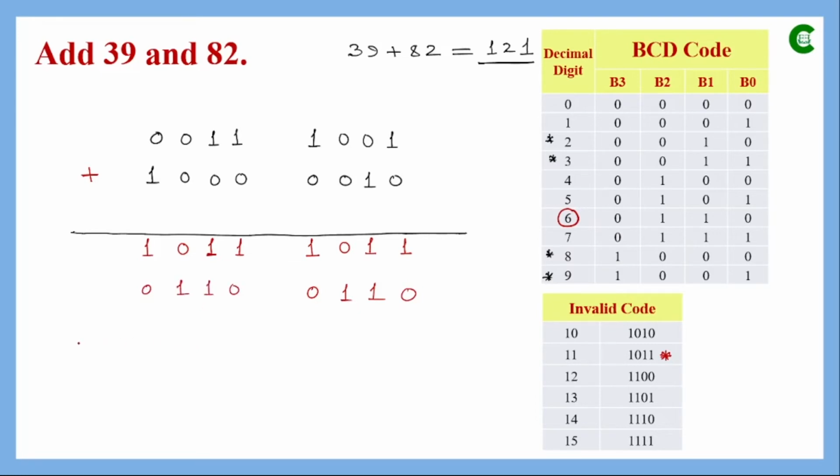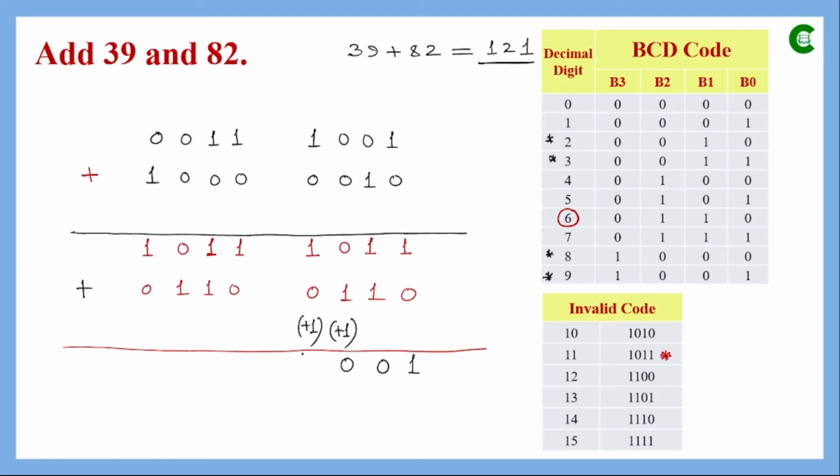And now again we will perform the binary addition. So here it will be 1 plus 0 is 1, then 1 plus 1 is 10, so here 0, and we will have a carry that will be propagated to the next bit. So 1 plus 1 is 10, again 0 here, and then again we will have a carry.